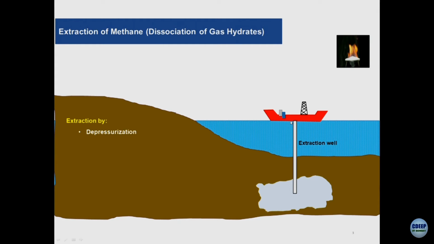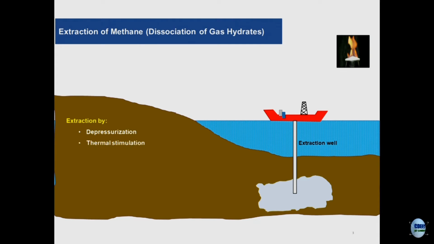So, total stresses would be gamma water multiplied by the water column plus gamma saturated multiplied by this much depth of the sediments. So, this much pressure is acting on the hydrate system, which has to be depressurized by allowing vacuum, so that the gas may come out.